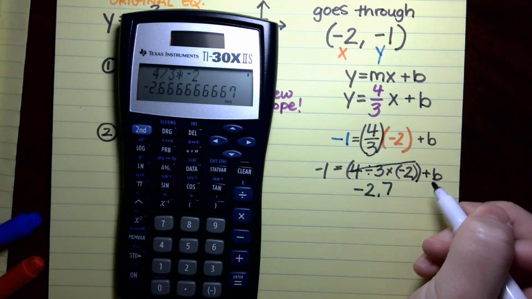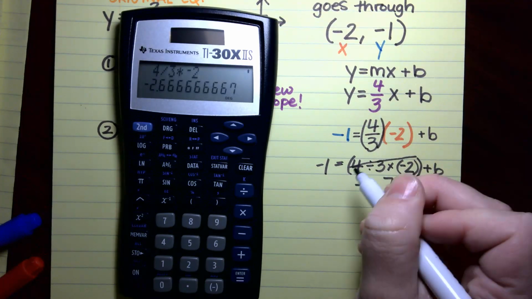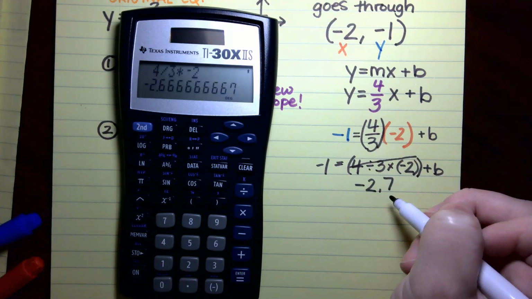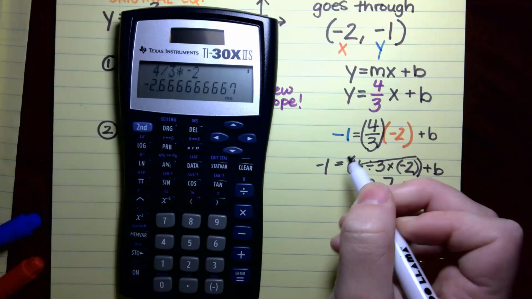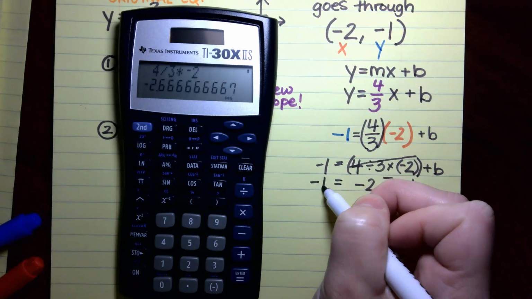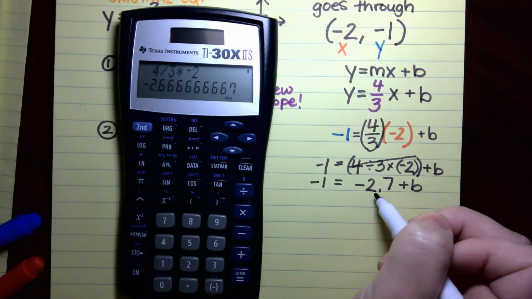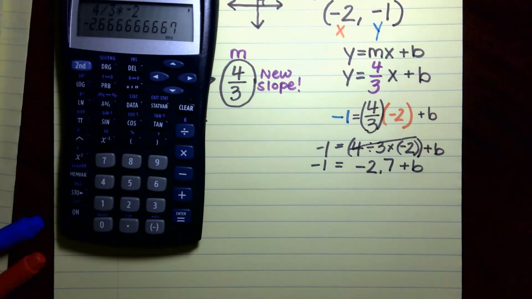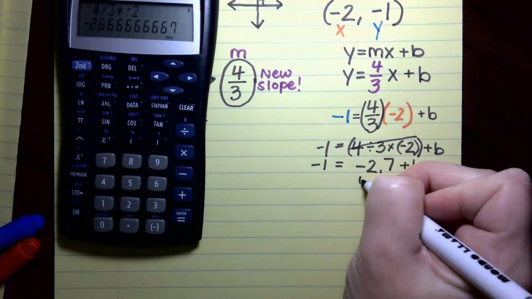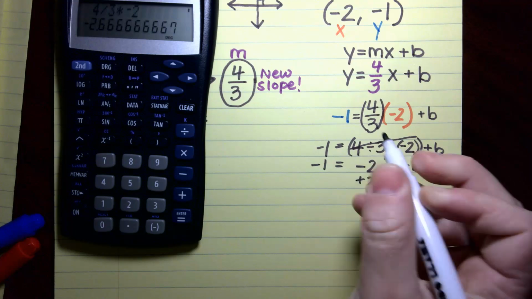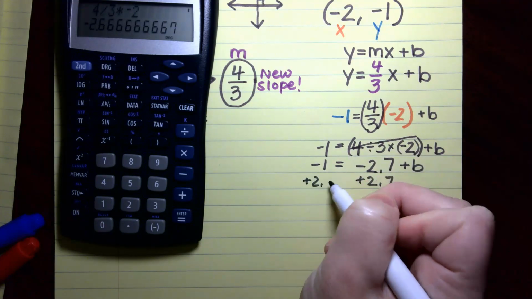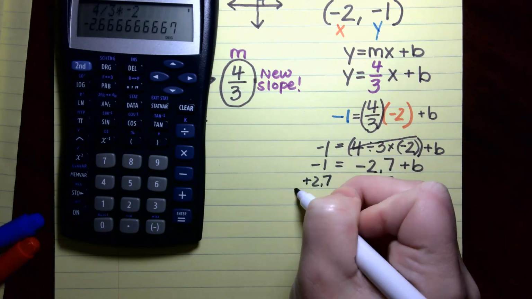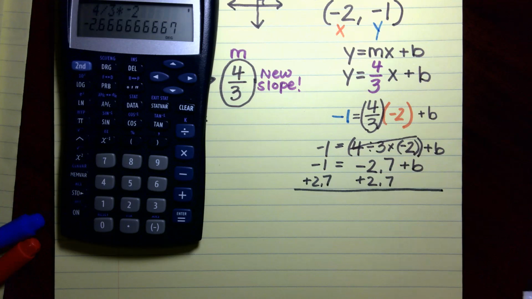Then we need to bring everything down. That's not our b value. We still need to solve for b. So I now have negative 1 equals negative 2.7 plus b. What do I need to do now? Add 2.7 to both sides. Or 2.6, whichever one you ended up going with.